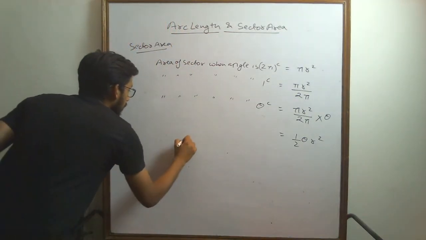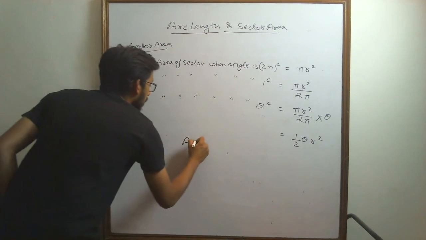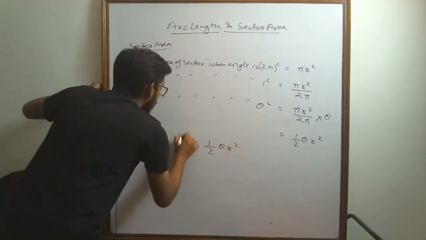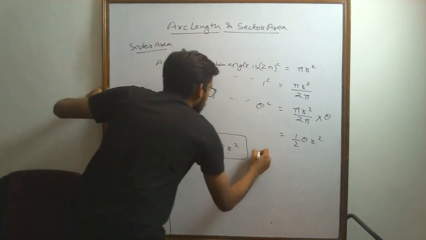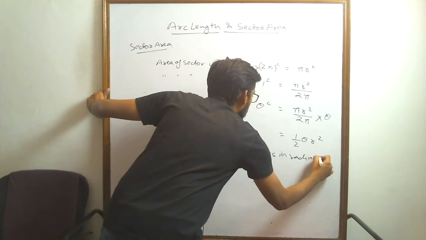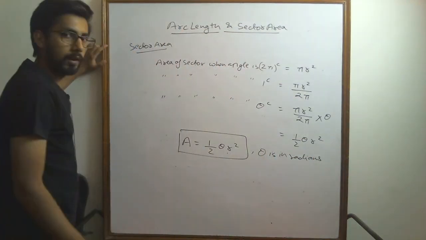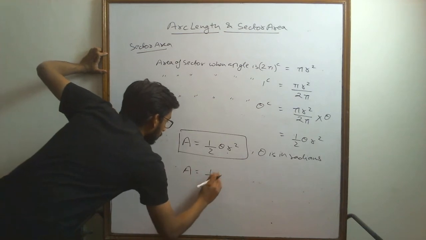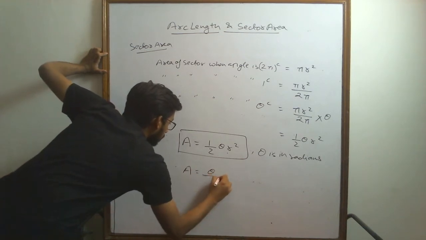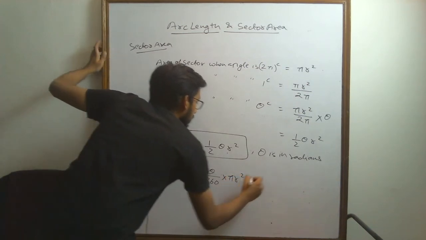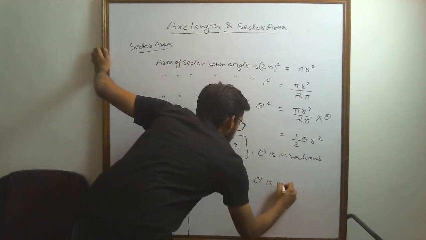Therefore, the area of a sector is equal to 1 by 2 theta r square when theta is in radians. The same formula is equal to theta upon 360 into pi r square when theta is in degrees.